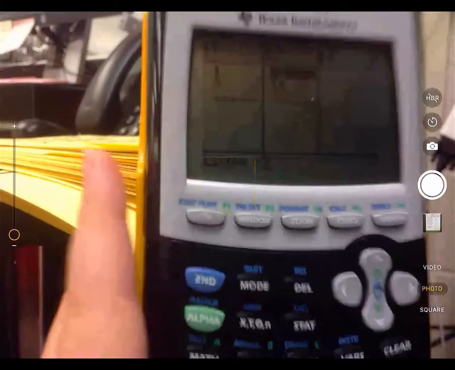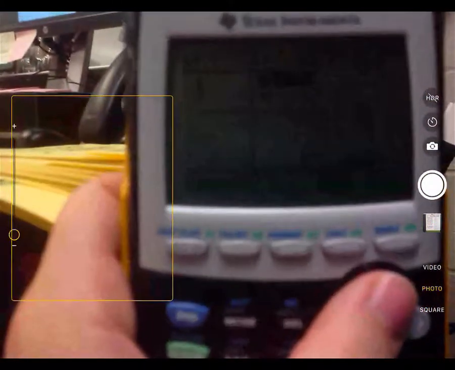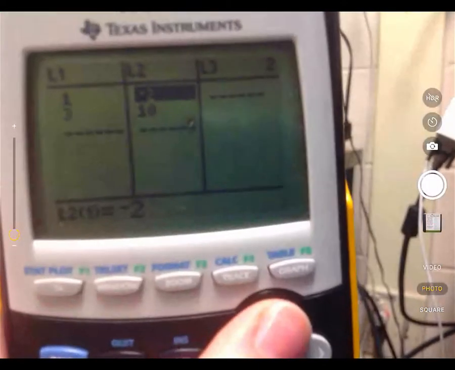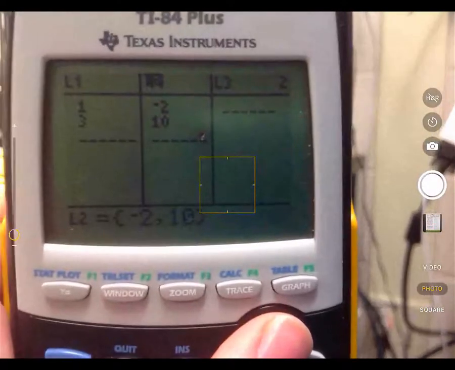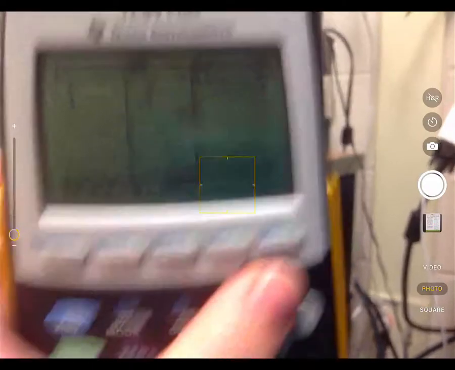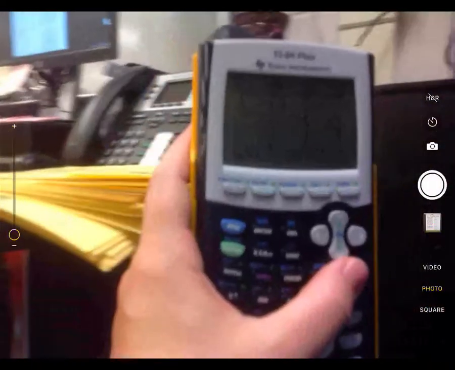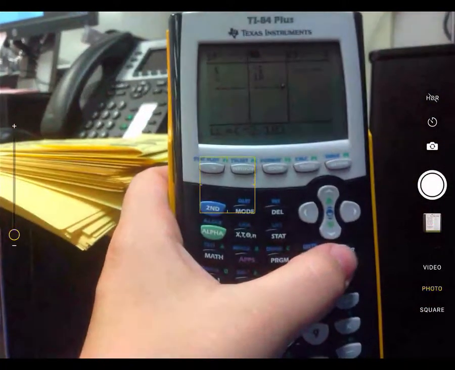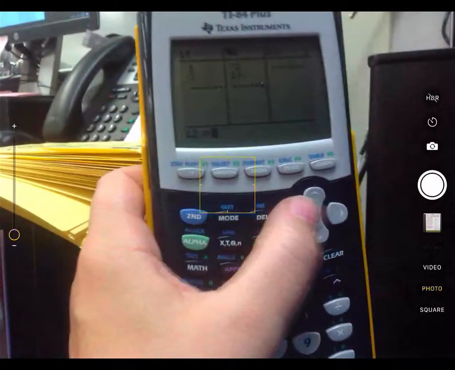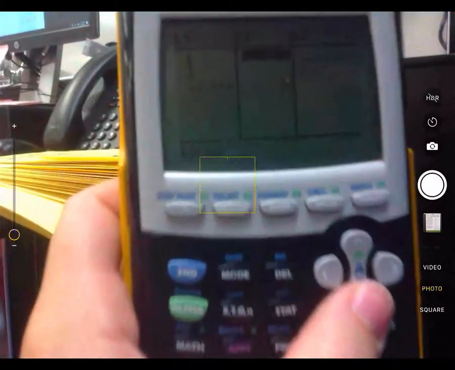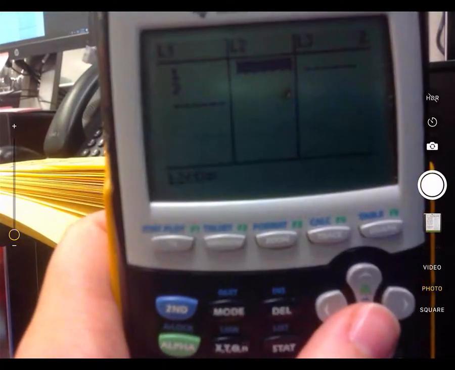Now, in order to clear things out, we want to clear them out, not delete them. So what I'm going to do is scroll up to where the list is highlighted and click the clear button down below. So this clear button, and then come back down, and those steps are listed for you. Now you can see that list 2 is cleared out.